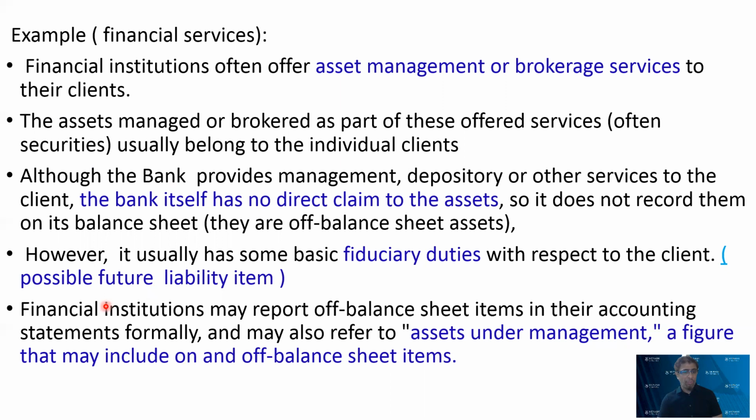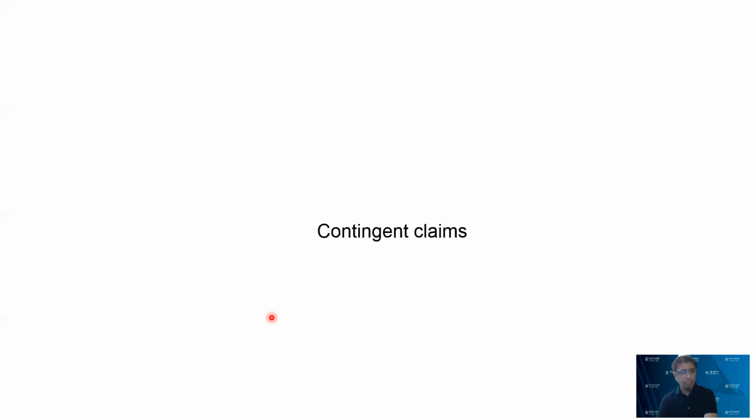A financial institution may report off-balance sheet items in its accounting statements formally, and may also refer to assets under management, a figure that may include on and off balance sheet items. But I told you, if they are running a fund, it would be off balance sheet, but it has to be, of course, mentioned in the financial reports under the part of the notes.